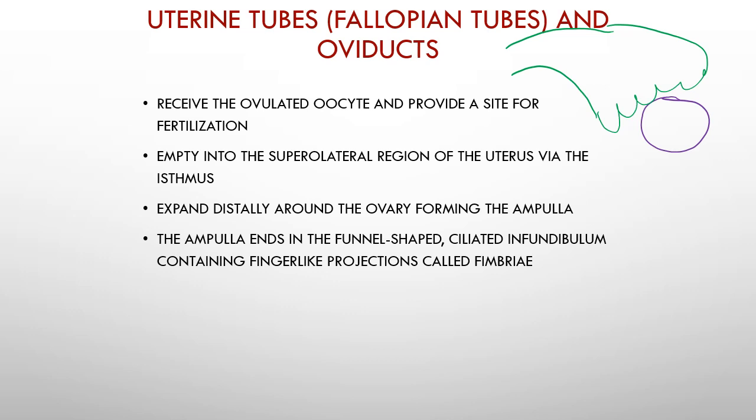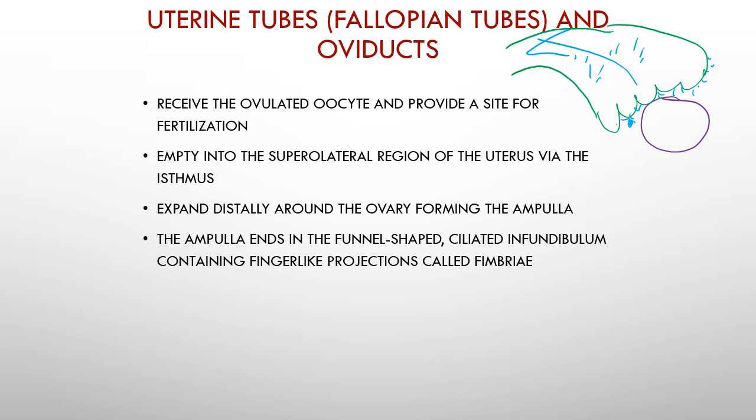Although I've kept it a little bit further apart, it doesn't actually seal around it. It's just there essentially to catch the oocyte after it has been ovulated. All of the fimbria, all the little ruffles that I drew in there, are ciliated, and the tube itself has cilia in it. That's all going to push that oocyte down through the uterine tubes.